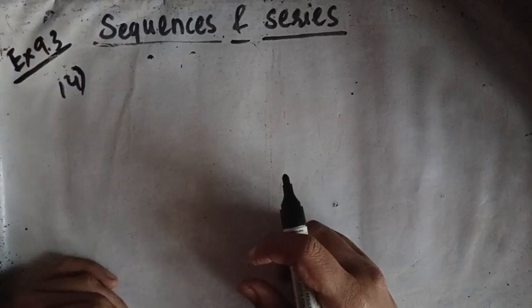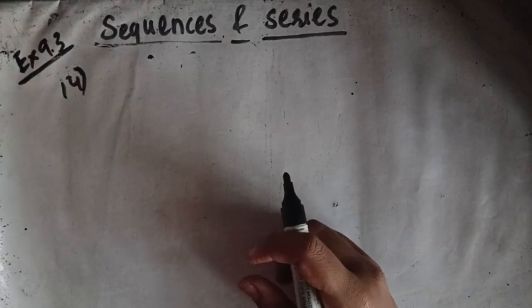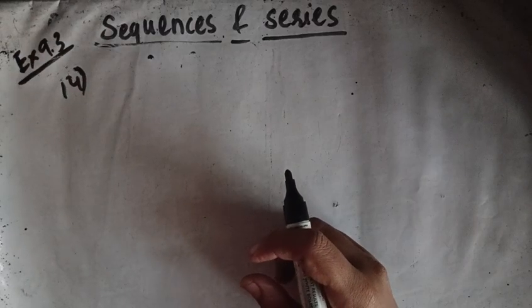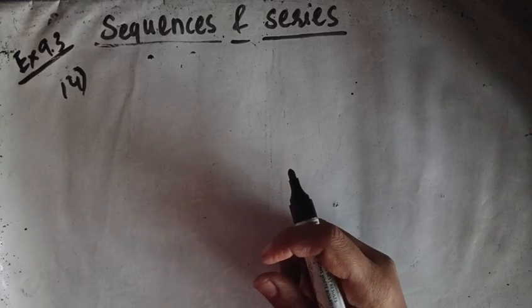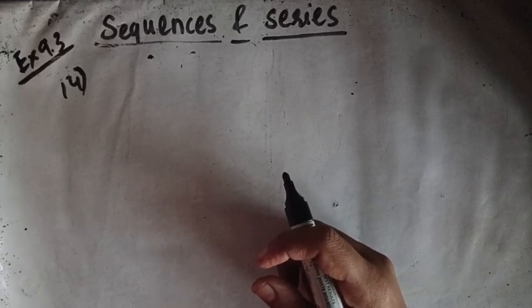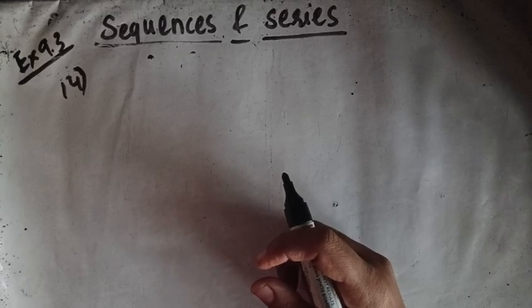Question 14. The sum of first three terms of a GP is 16. The sum of the next three terms is 128. Determine the first term and the common ratio and the sum to n terms of the GP.